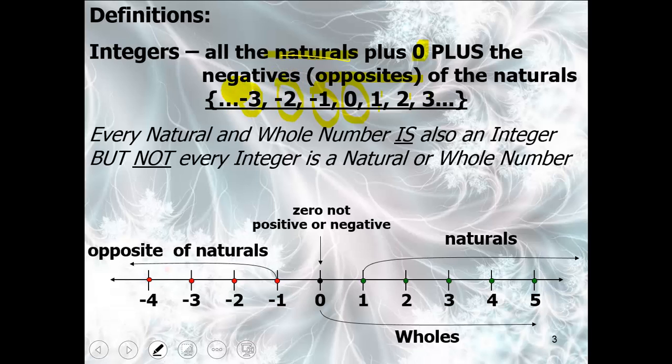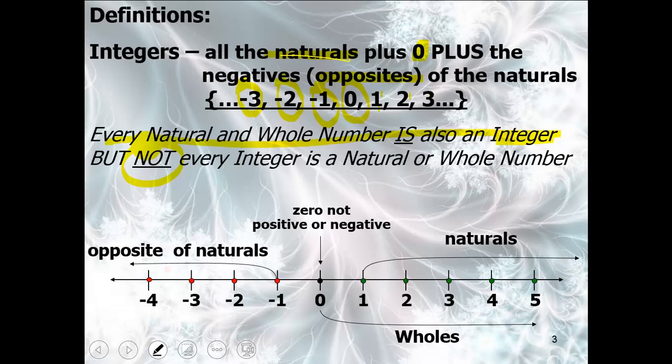Those are all integers. There's no -1.1 or 10.2. They're just the wholes and then the opposites of the naturals. Again, every natural and whole is also an integer, but not every integer is a natural or a whole.